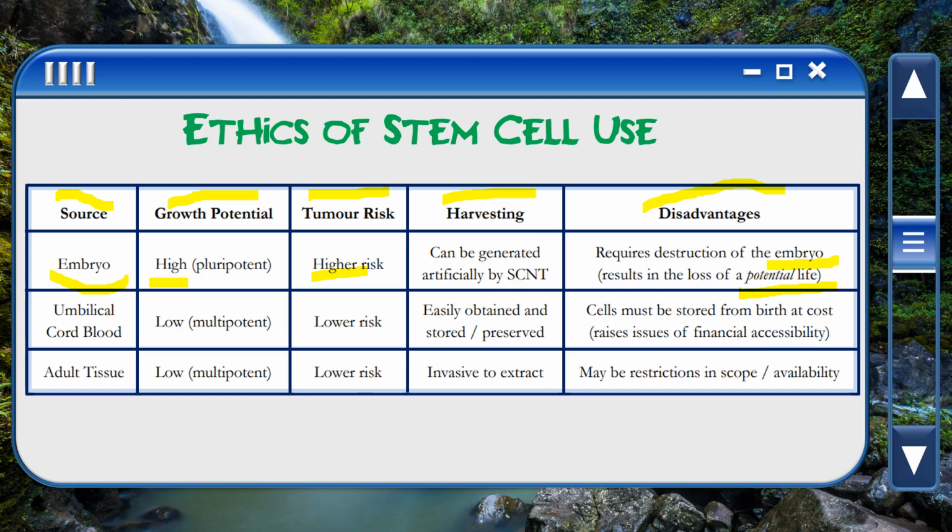Then we have another source, which is the umbilical cord blood. Growth potential is a little bit lower, multipotent. It has lower tumor risk. It is easily obtained and preserved from the umbilical cord.